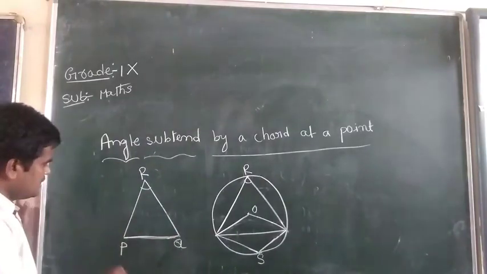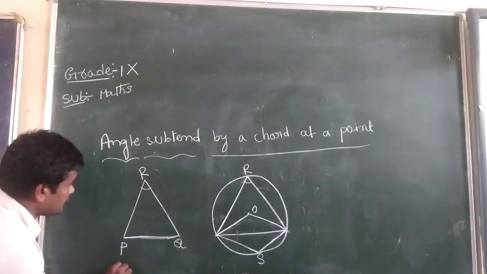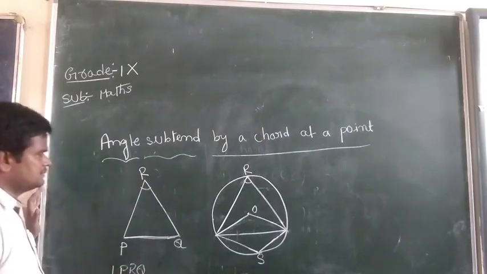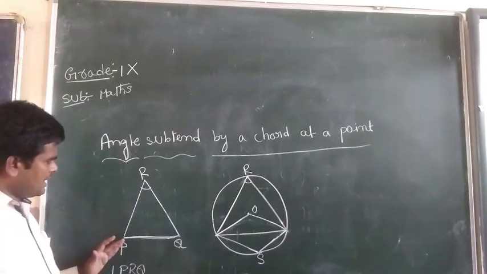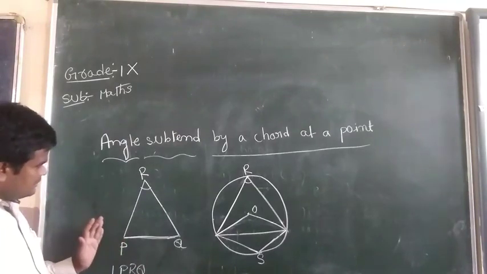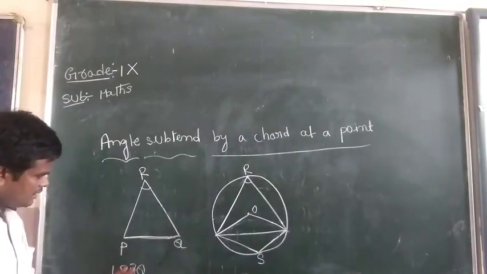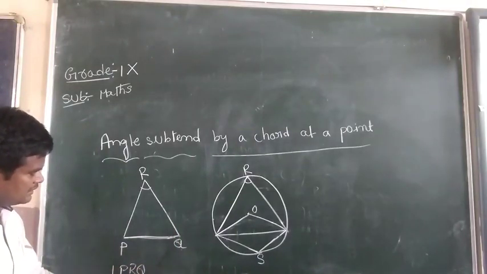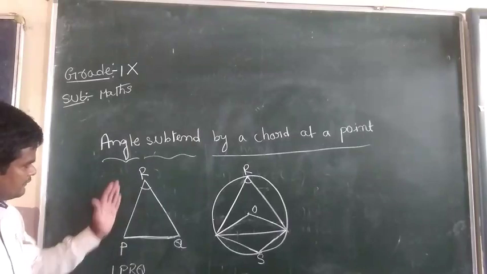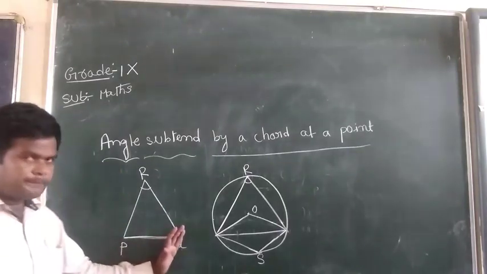So angle PRQ is called the subtended angle of line segment PQ.